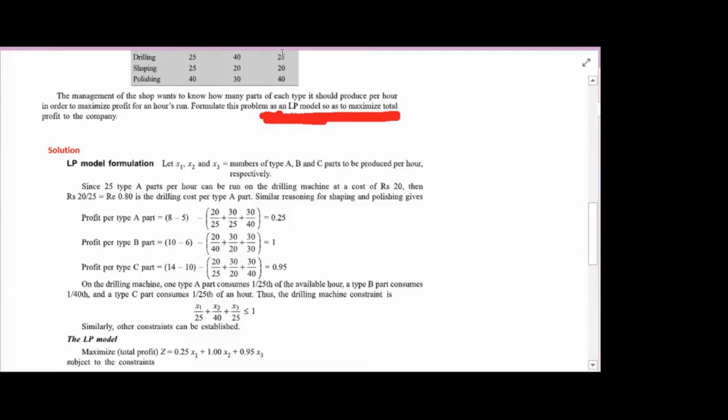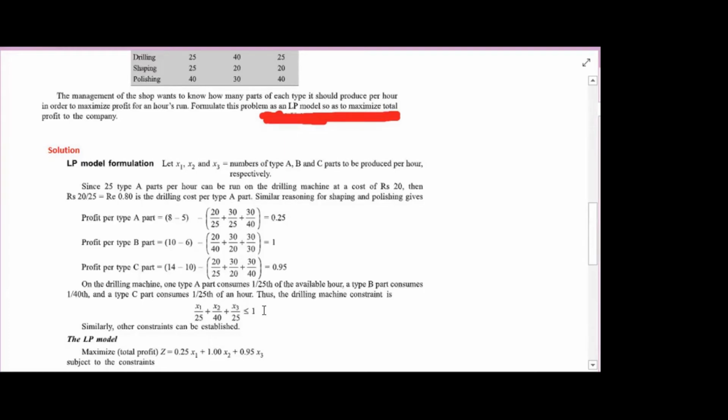This is the drilling time. We have to make a constraint on drilling time. So 25 units of A, 40 units of B and 25 units of C can be drilled in 1 hour.